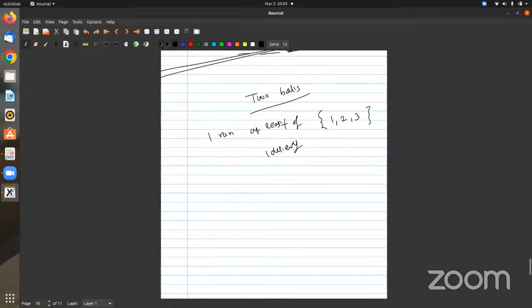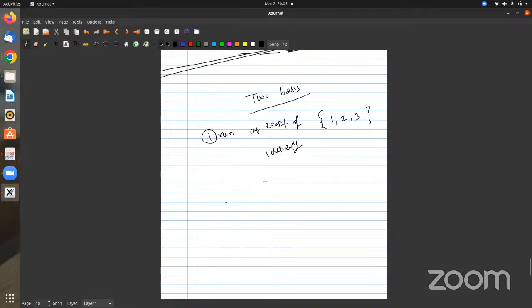This condition is fine, right? Yes. So you have 2 balls here. What are the possible ways I can have?